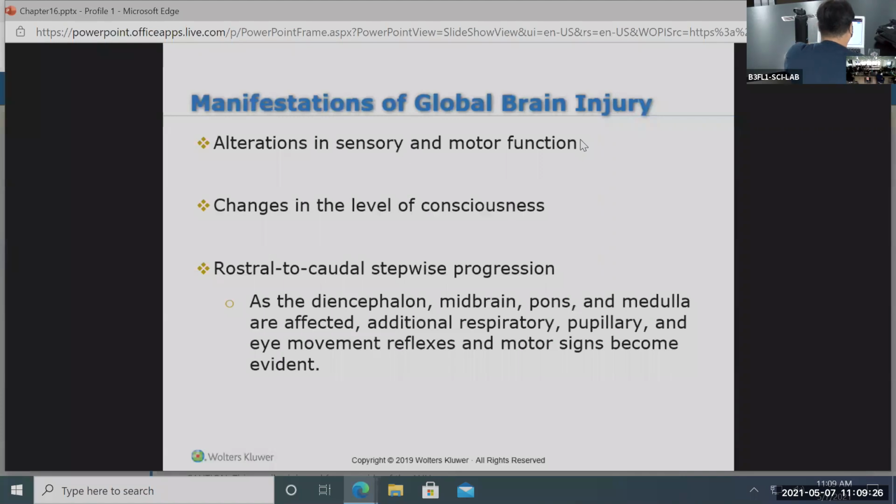Now, manifestations of global brain injury throughout the brain: alteration in sensory and motor function. I'm losing those functions. My level of consciousness gradually goes down.